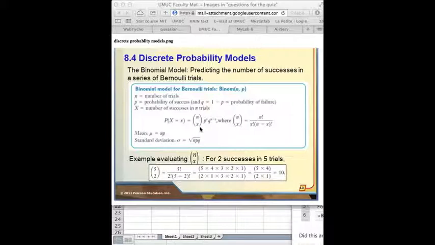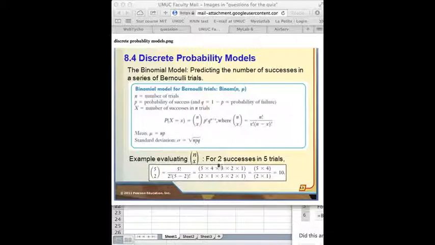What we call nCx, which is n choose x, is an expression that gives you the number of ways in which you can get x successes in n trials, and the mathematical expression for that is n factorial divided by x factorial multiplied by n minus x factorial.